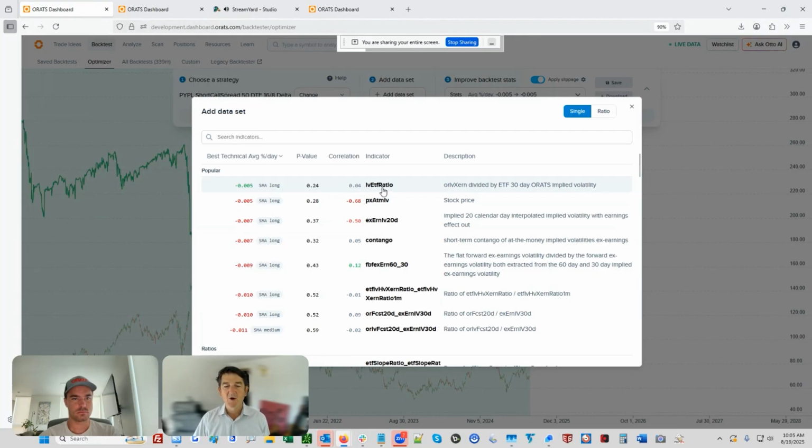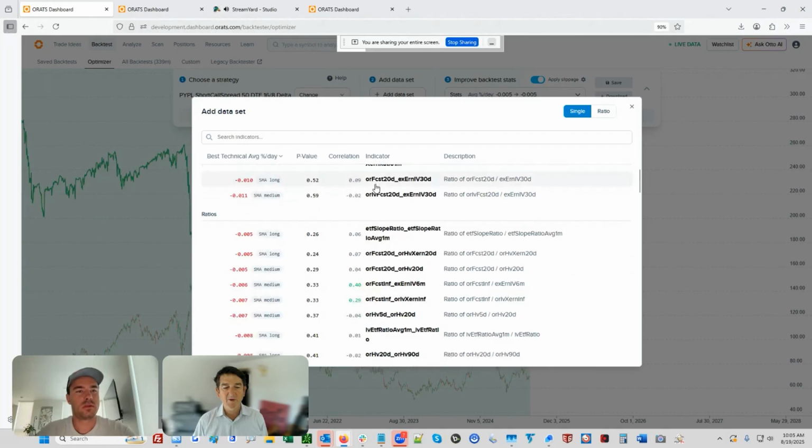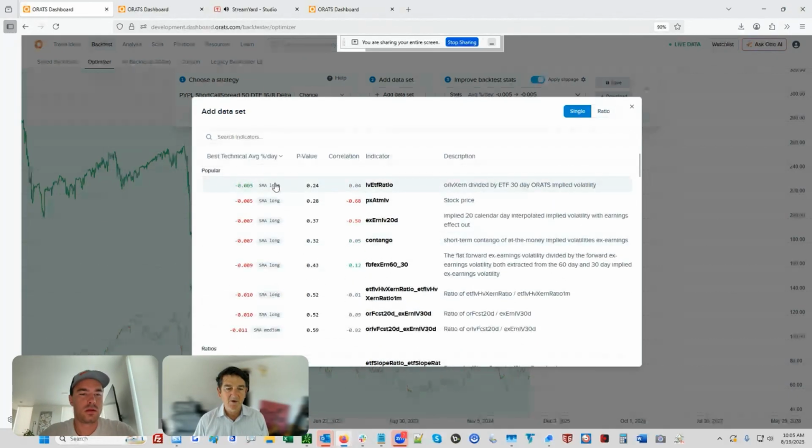That is how the implied volatility of PayPal compares to its best ETF. Maybe it's the XLK, but I'd have to look. And then it'll do a smooth moving average. And then, is it best when it's above or below? We use short-term and long-term. So you'll see long-term and short-term.